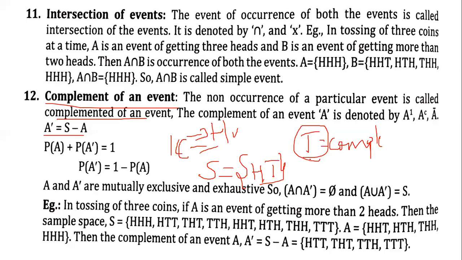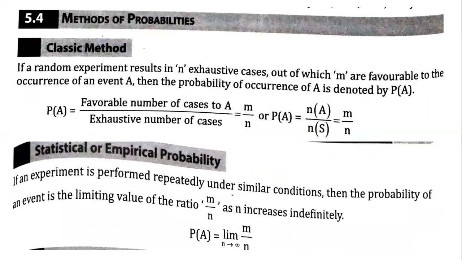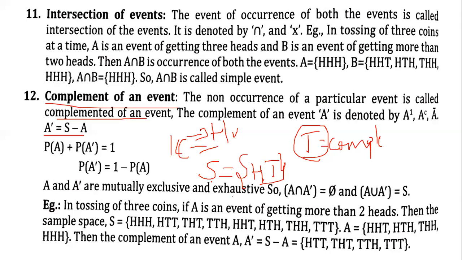The non-occurrence of the particular event. Understood? Any doubts still here? These are the basic terminologies which are very important to be understood and remembered. Any doubts?